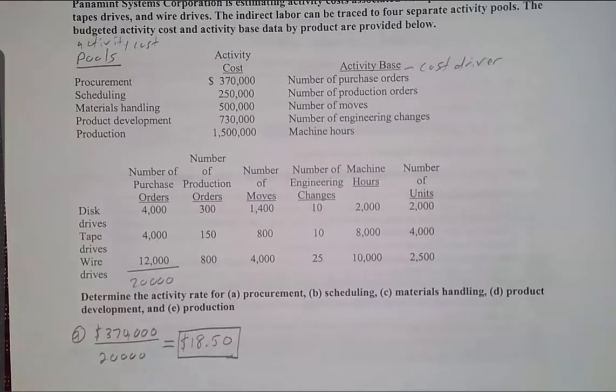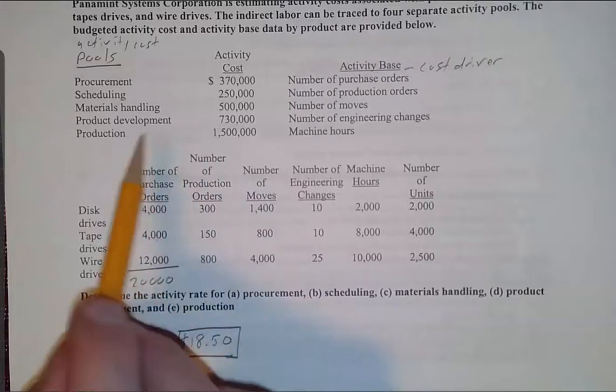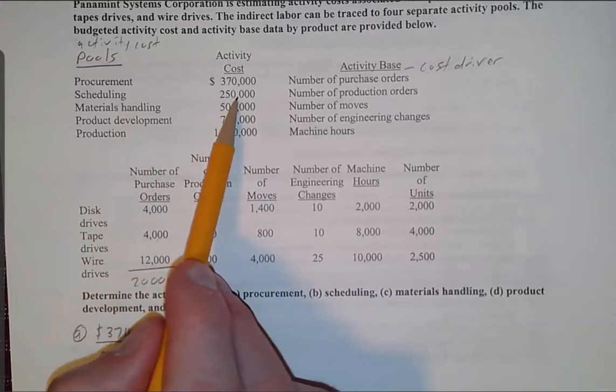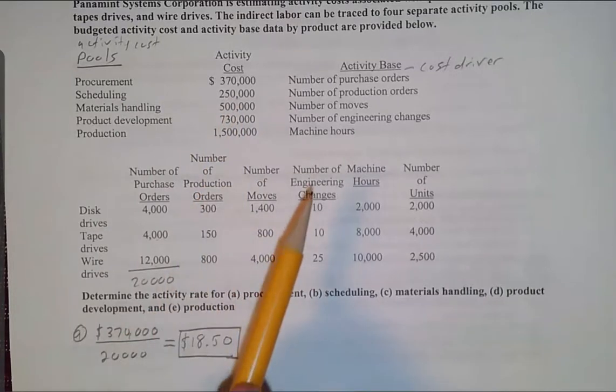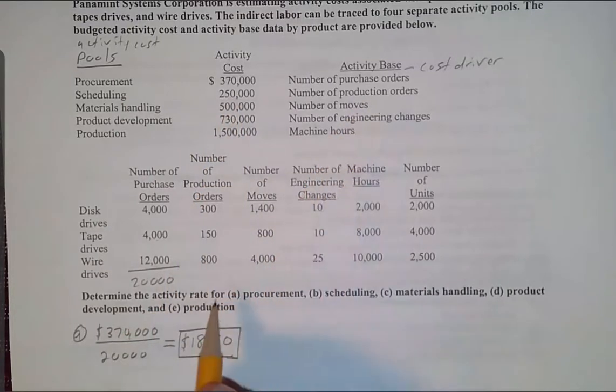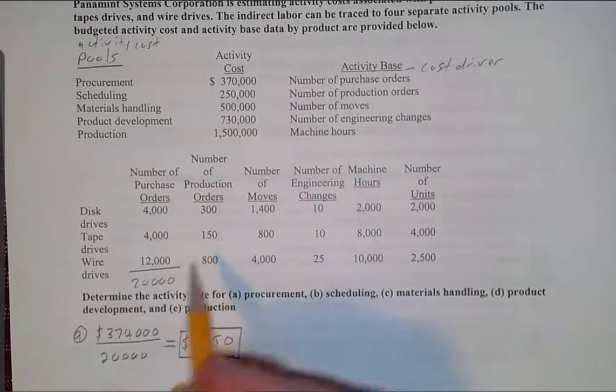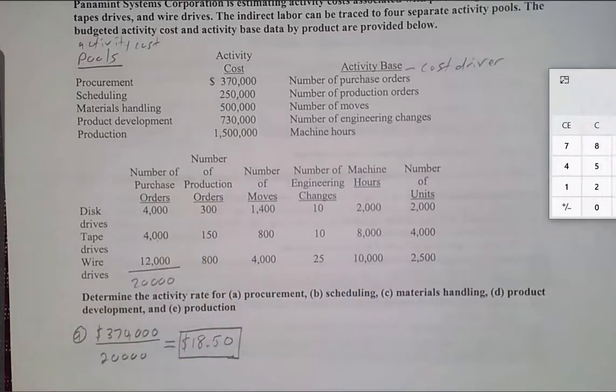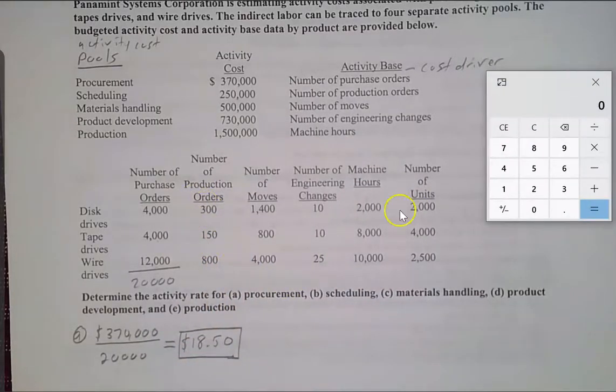of these other items. So B, let's see here. Scheduling has an activity cost estimate of $250,000 based on number of production orders. And our number of production orders looks like it's going to be 300 plus 150 plus 800.